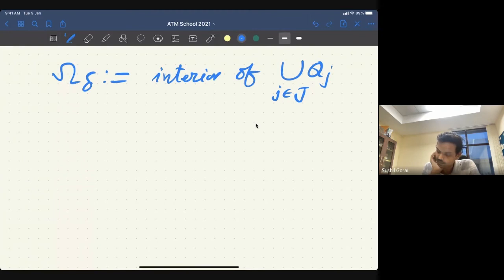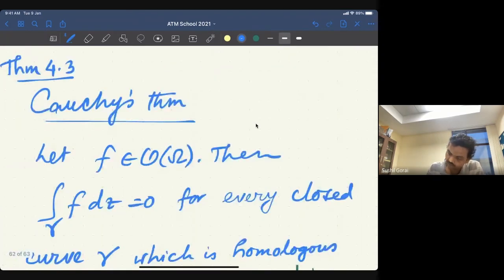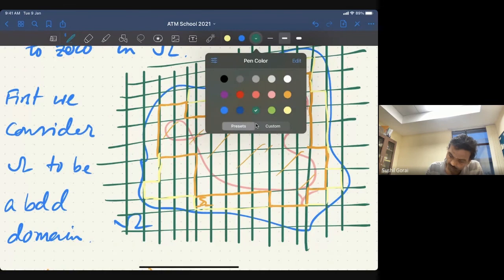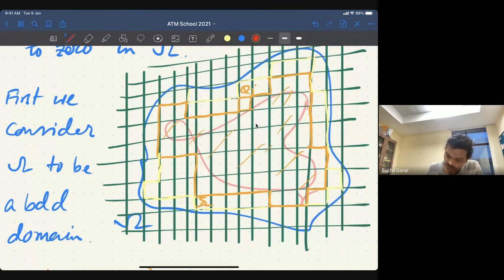So now you choose a point zeta in omega minus omega delta, somewhere here. Call this zeta.